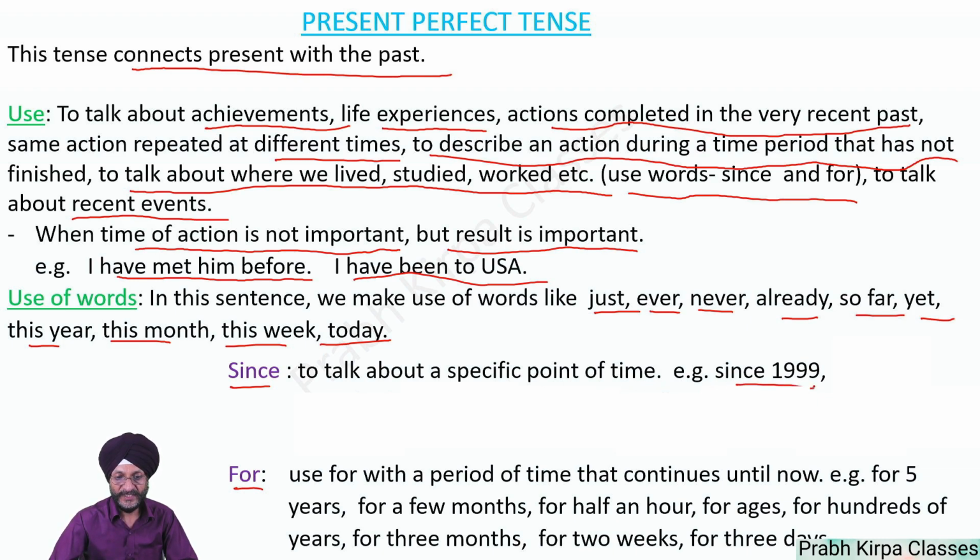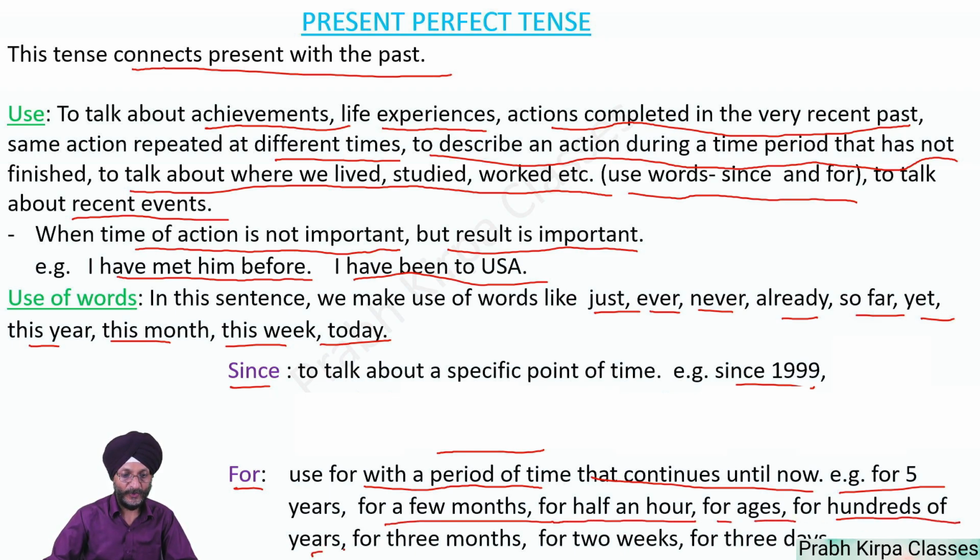For example, since 1990, since last month, since last week, since I was born, since he arrived, since Wednesday, since 9 o'clock. And for is used with a period of time, that is duration of time, that continues until now. For example, for 5 years, for a few months, for half an hour, for ages, for hundreds of years, for 3 months, for 2 weeks, for 3 days.